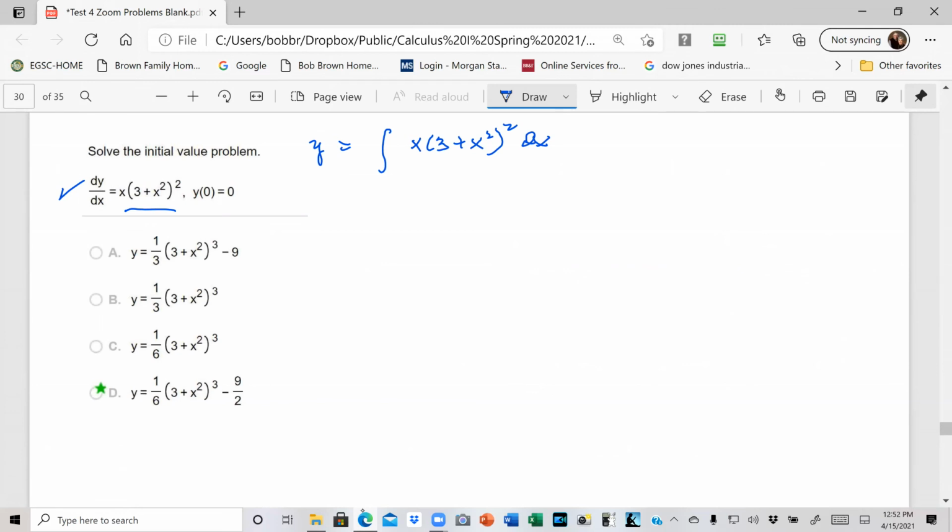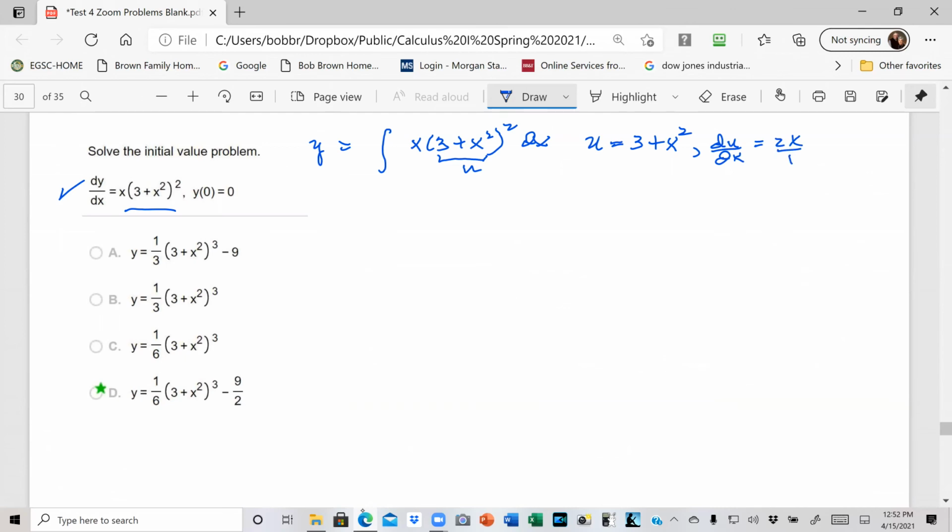And notice that if we let u equal 3 plus x squared, the derivative is going to be 2x, which is almost exactly equal to x. It's just off by a factor of 2. So we're going to let u equal 3 plus x squared. du dx is equal to 2x.